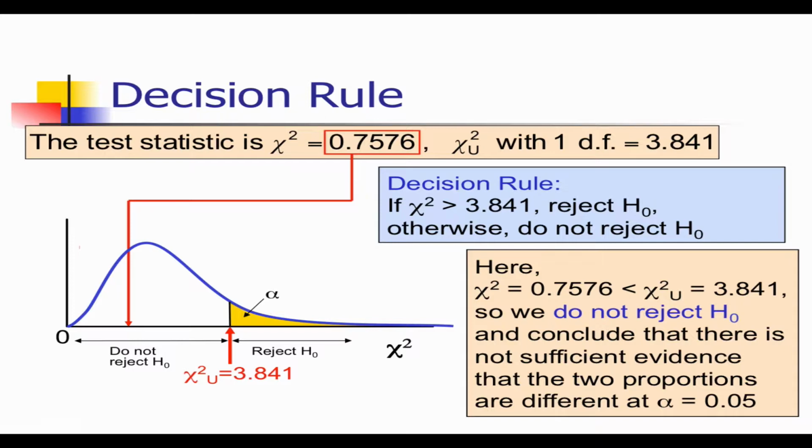But for chi-square, by taking that square, you essentially ignore all the directions. So you put all the alpha into this right-hand side area.